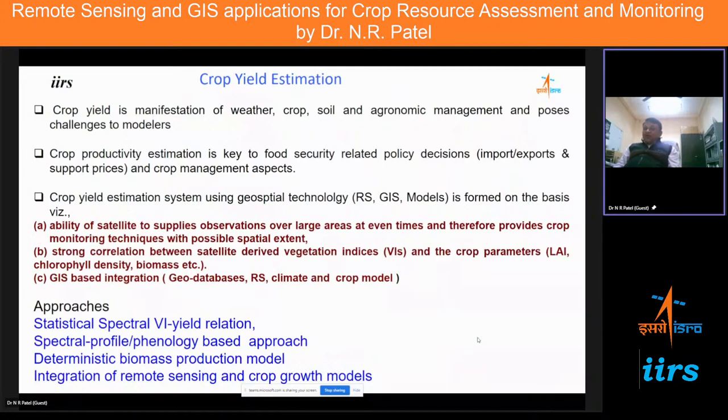But the quality of remote sensing data and its unique characteristics, like large area coverage, multispectral observation, and dynamic, frequent repetitivity, make it possible to acquire observations at the times when we can relate them with ground crop performance.